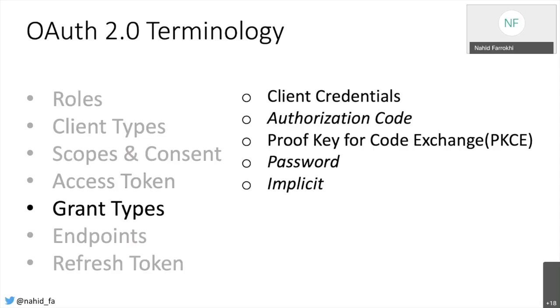But OAuth 2.1 is actually making more concrete suggestions about this. So here come client credentials, authorization code, and proof key for code exchange, or PKCE, and the password and implicit. Between these, client credentials and PKCE are the ones now suggested to be used in OAuth 2.1 as well. But the rest of them are still compliant with OAuth 2.